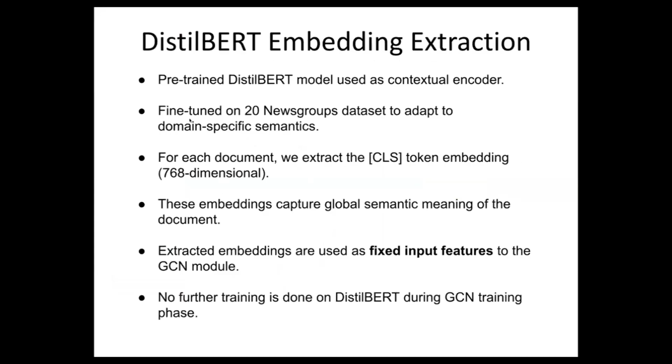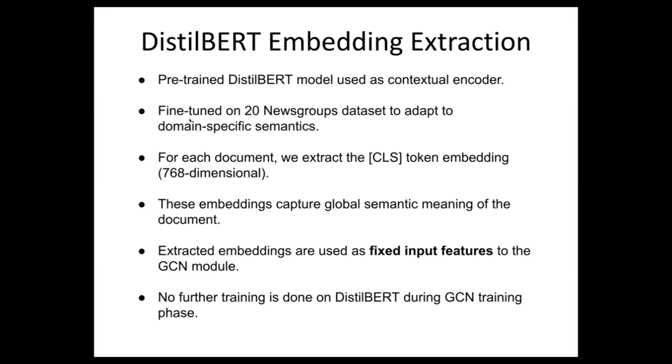Now we will see the first part, DistilBERT embedding extraction. To generate contextual embeddings, we used the pre-trained DistilBERT model, which is a lighter and faster version of BERT. We first fine-tuned this model on the 20 Newsgroups dataset to make sure it understands the language and structure of our domain. After fine-tuning, we extract the embedding from the CLS token, that is the last layer before the classification, for each document.